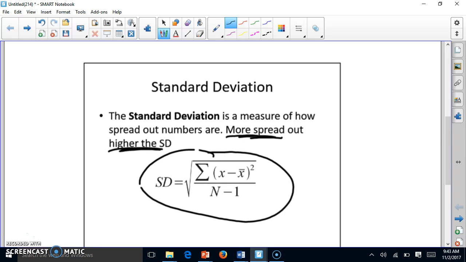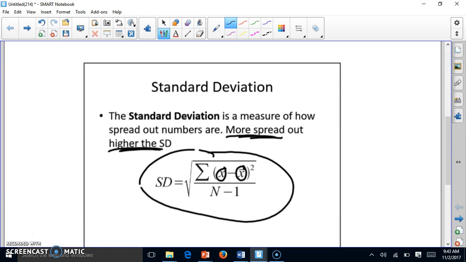So what this formula says is that you have a number, x, and x bar is the mean. This formula wants you to take every number in your number set, subtract it from the mean, and then square it.